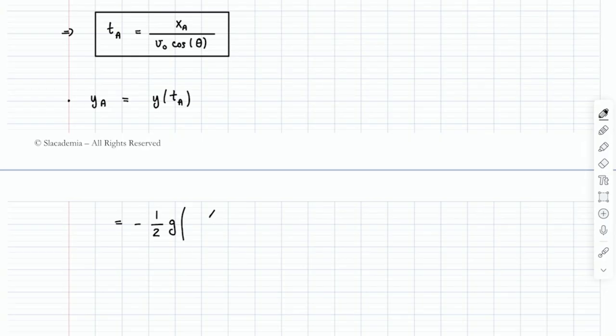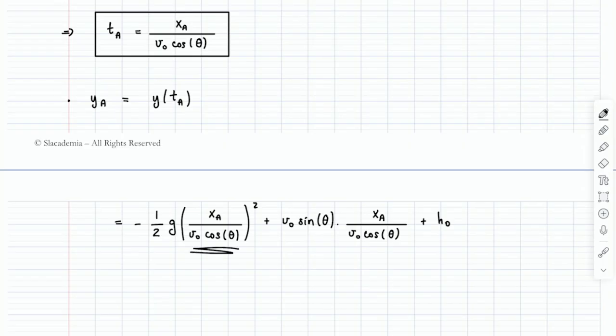Well, ta squared is xa divided by v naught cosine theta squared, plus v naught sine of theta multiplied by ta, which is xa divided by v0 cosine theta, plus h naught. That didn't go away. So that's just minus 1/2 g ta squared plus v naught sine theta ta plus h naught. And that's what we want to figure out and compare to 3 meters.